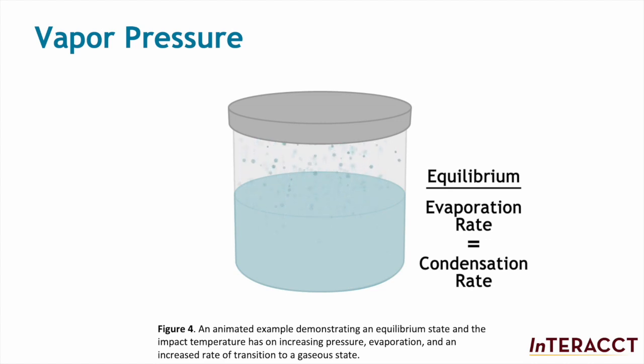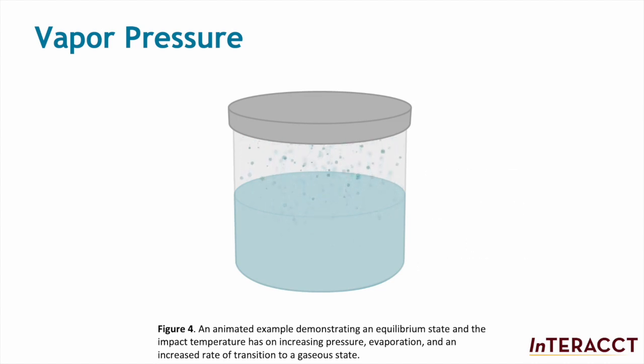The time it takes for a system to reach equilibrium can be difficult to predict. At a given temperature, the pressure of the vapor measured at equilibrium state is the equilibrium or saturated vapor pressure. This pressure is a fraction of the total pressure associated with the specific chemical.